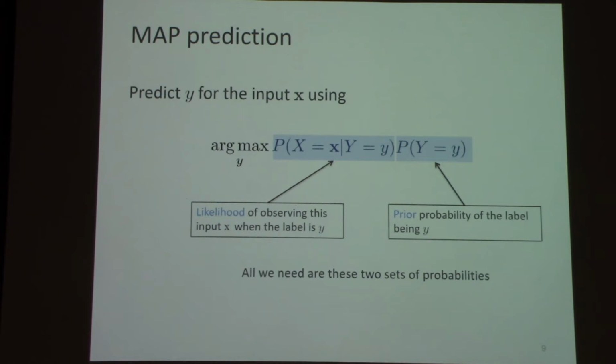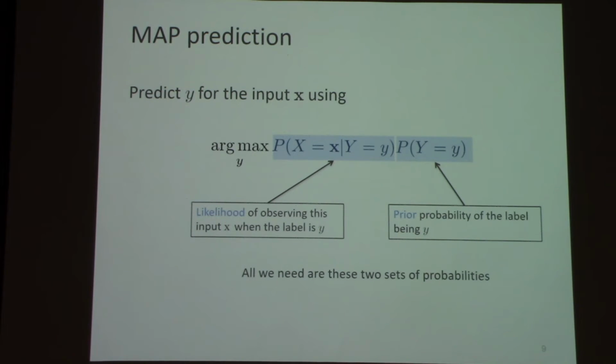That's the likelihood. The prior is asking, what is the probability that the label is y? What's the probability, for example, that an email, before you even see any input, is a spam email? What fraction of your inbox is spam, basically? That's what it's asking. And the prediction is the product of these two things, and you take the argmax.